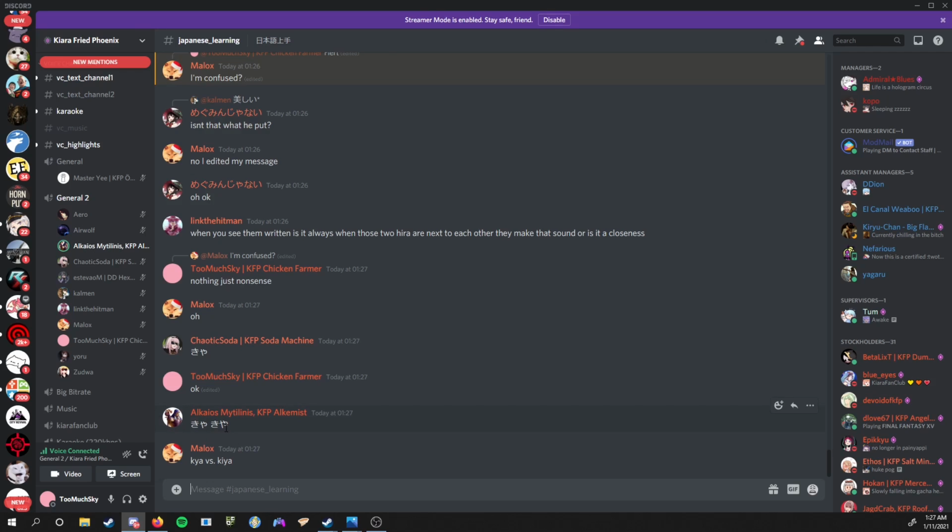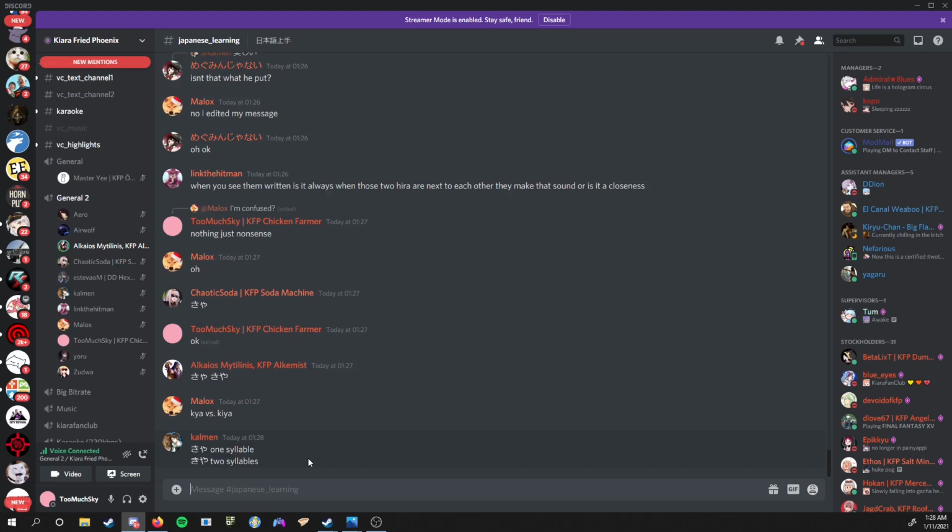The fonts, unfortunately, can be a little bit screwy at times. Fortunately, most of the time when you have these paired characters, it's usually pretty obvious which is the small version and which is the big version, because they will inflate or emphasize the character when it's by itself and shrink down the character when it's being paired to help contrast it.